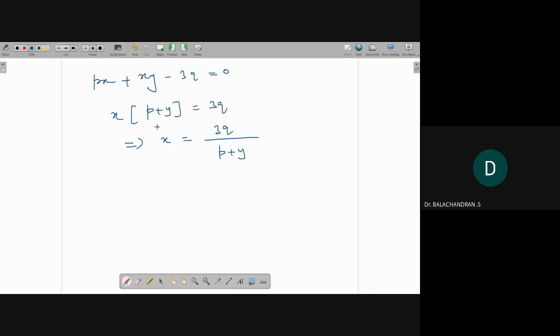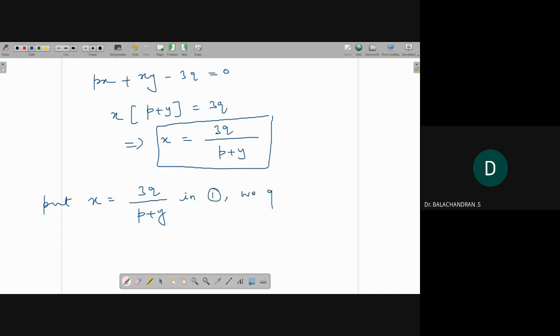Now substitute this value of x in the given equation. Put x equal to 3q divided by p plus y in equation 1.